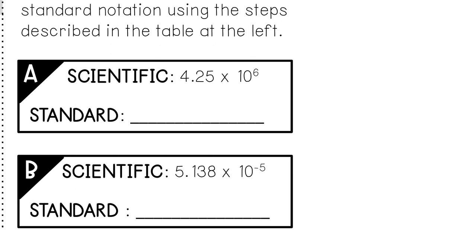In example A, we have 4.25 times 10 to the 6th power. So I'm going to take 4.25 and I'm going to move that decimal 6 times because the exponent is 6. Because that exponent is positive, I know that my number needs to be really big. So I want to make 4.25 larger, not smaller. So I'm going to move it to the right.